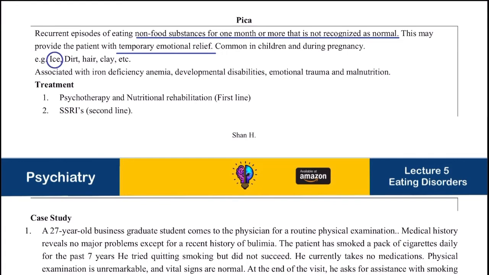Then there could be dirt, clay, etc. And very importantly, it's associated with iron deficiency anemia. Patients who are deficient in iron will usually show Pica symptoms: developmental abnormalities, emotional trauma, and malnutrition. When you don't have something to eat, you eat whatever you find. Treatment: nutritional rehabilitation and psychotherapy. If it doesn't work, SSRIs.